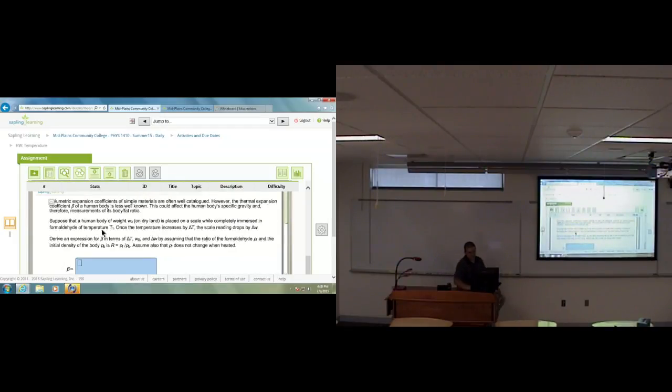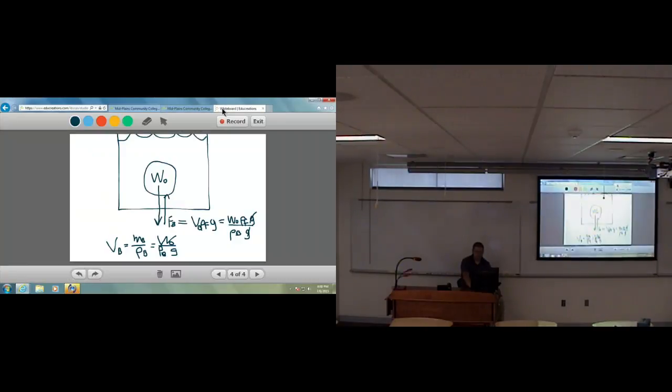I'm going to have to say that the density rho B in this question is when they put them in the first tank and it comes to thermal equilibrium. That's from reading the hint. So essentially this is correct for the body in the first tank at temperature 1. At temperature 2, what changes is the density of the body. The density of the fluid doesn't change, it's just this number that changes, right?